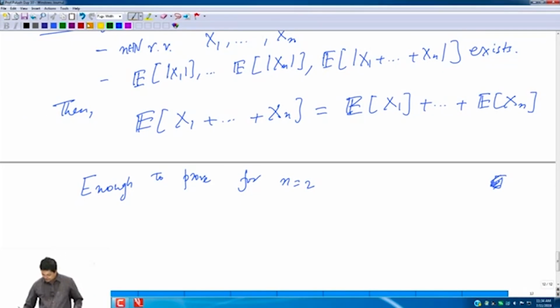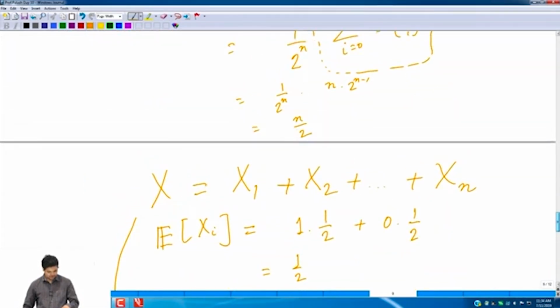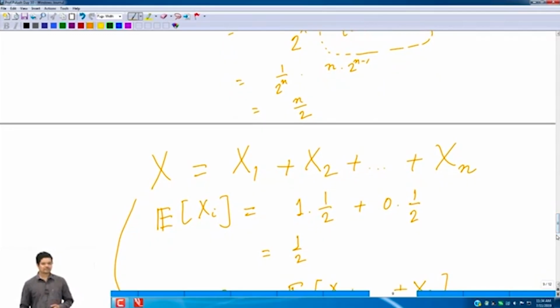And let us see how we can apply Markov inequality for this random variable x. Does it satisfy the conditions of Markov inequality? It does not satisfy, right? Because it can take 0 value also.